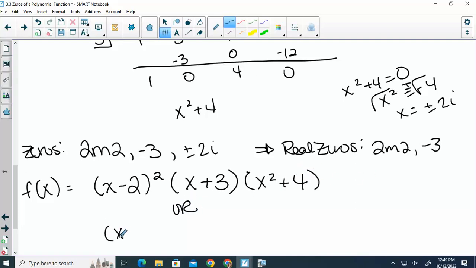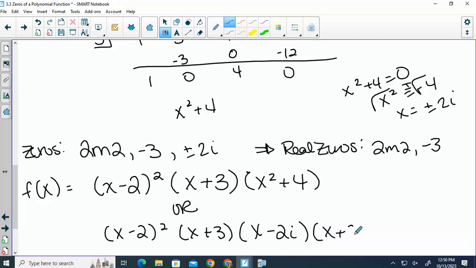Or we could use the zeros and say that's x minus 2i and x plus 2i. I don't care. Either one is fine. So you notice it was a degree 5 at the beginning, and we got a total of 5 zeros. We got 2 twice, negative 3, positive 2i, and negative 2i. Any questions?